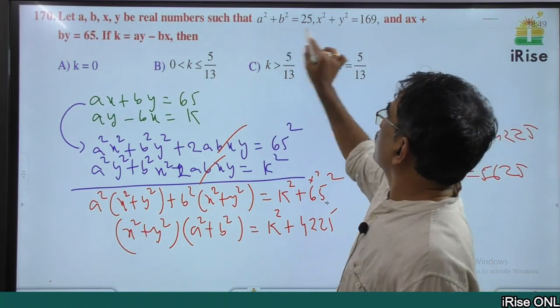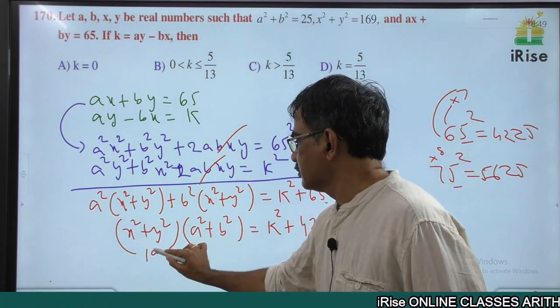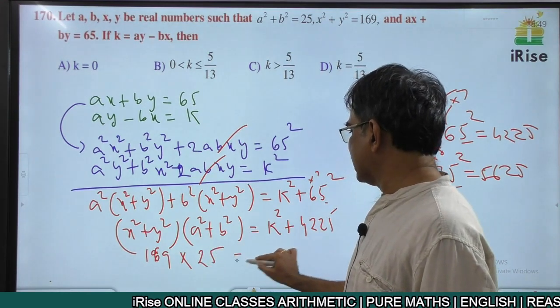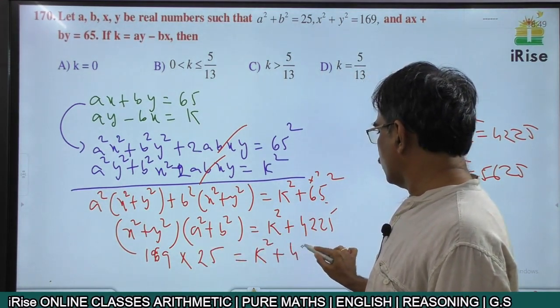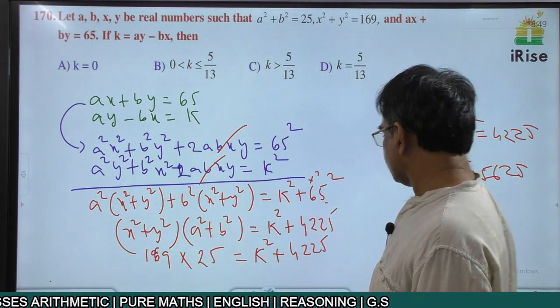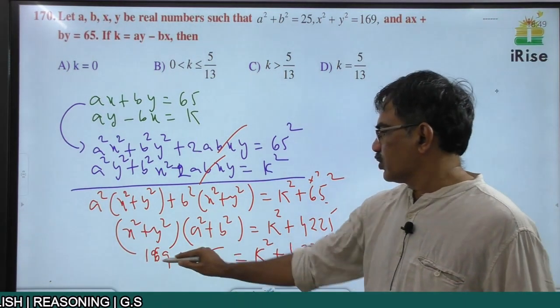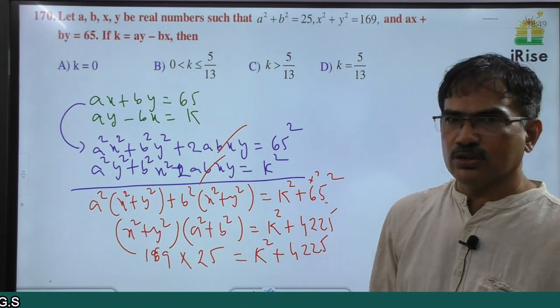Here x square plus y square is 169, a square plus b square is 25, is equal to k square plus 4225. What is the product of these two? 169 into 25.